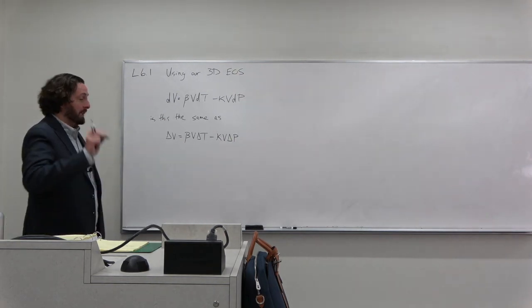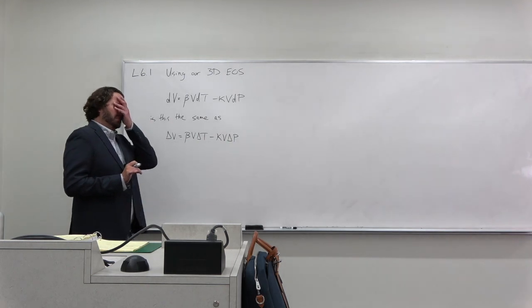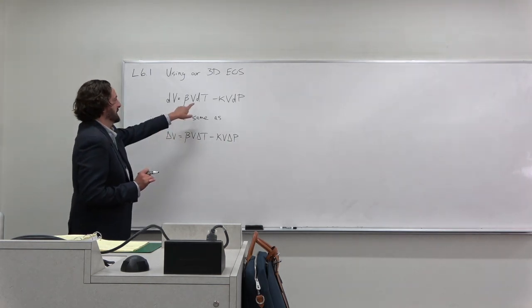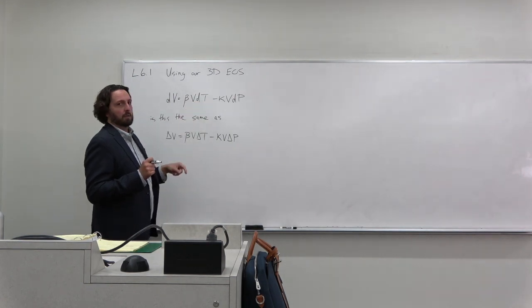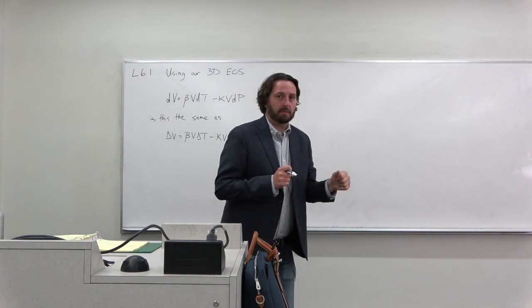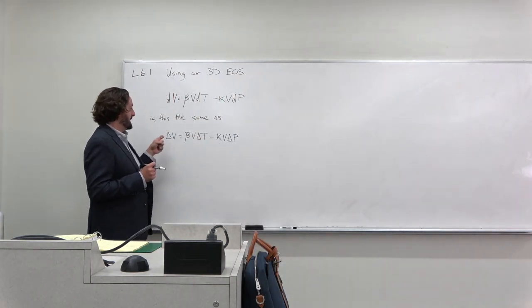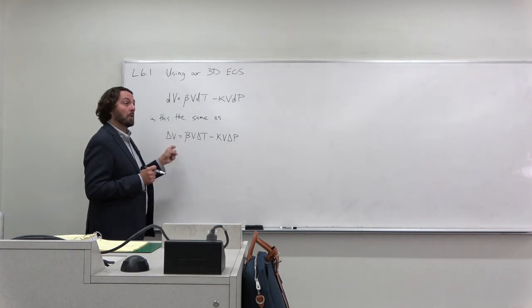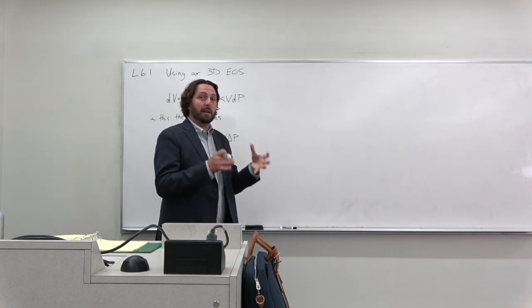And the answer is no, not at all. So we have to remember what we mean by these things. When I say dT, I really mean that this is a derivative, and I need to integrate it. Delta V, delta T, or delta P are already the integrated values.